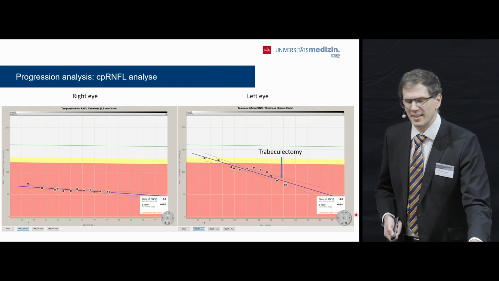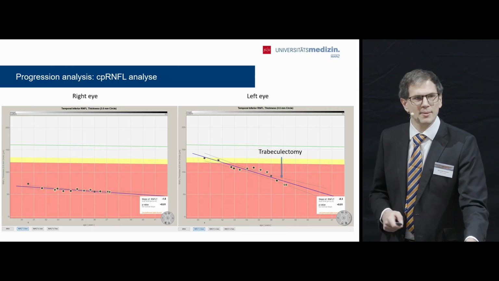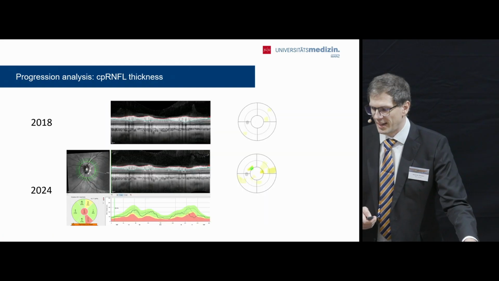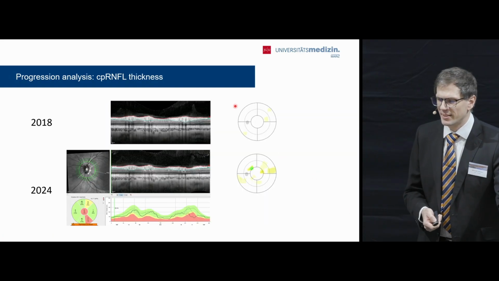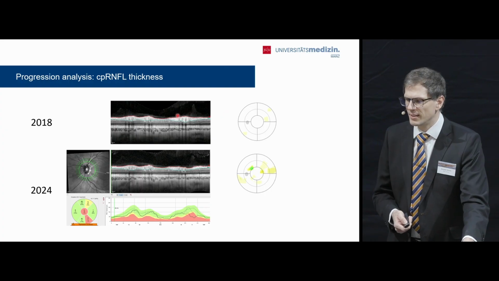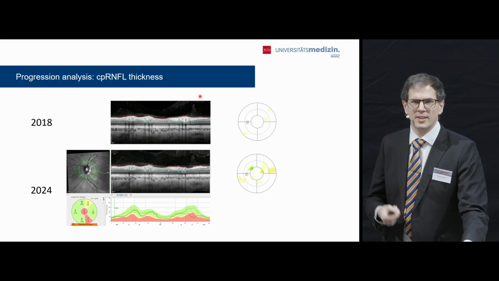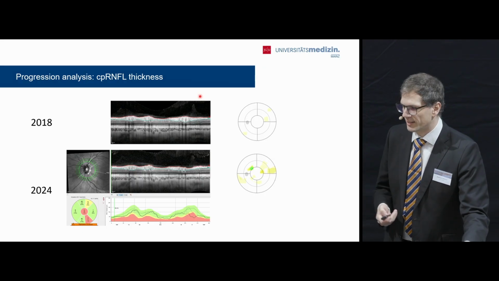So if you do any analysis on your patients, have in mind to look at the segments as well. And one step further, always have a look at the raw images, to see whether you can see this deviation from baseline to follow-up in the raw image, not just to rely on any measurement artifact.